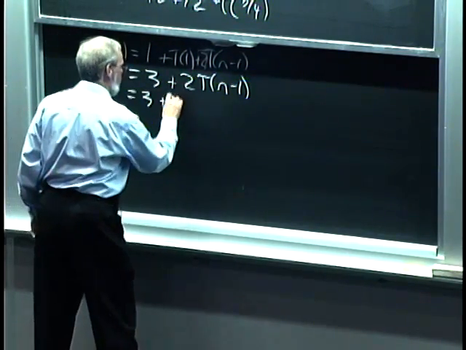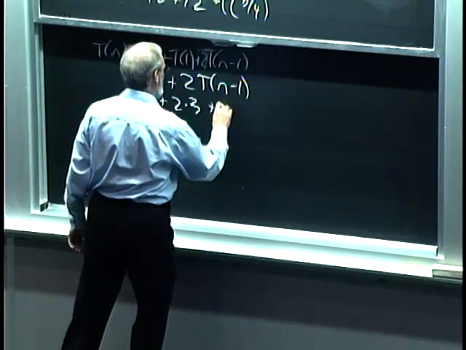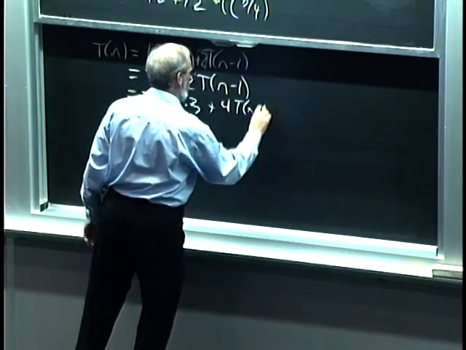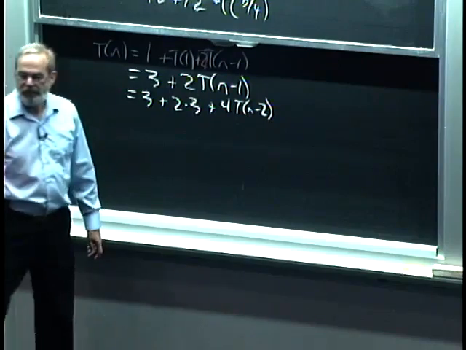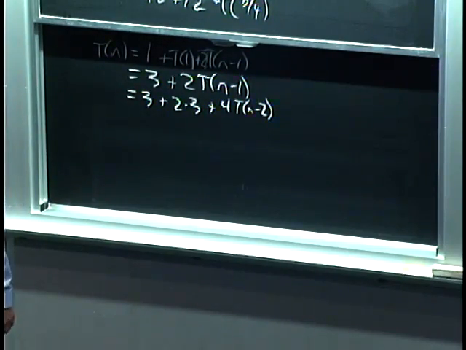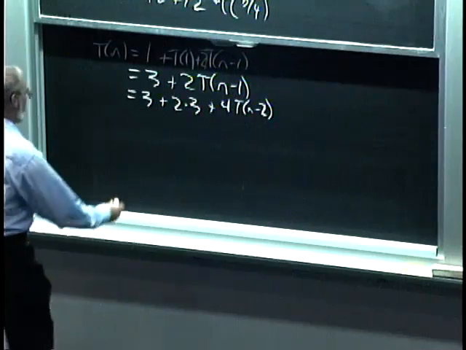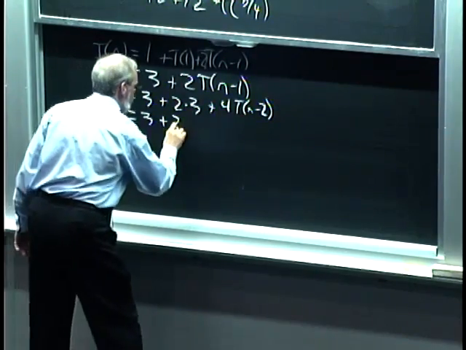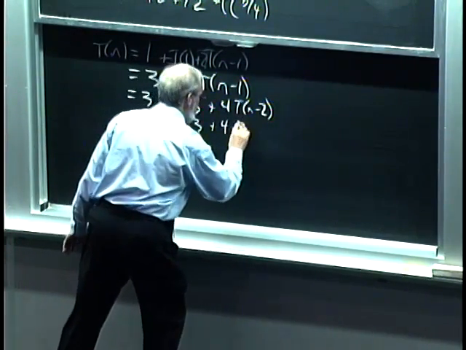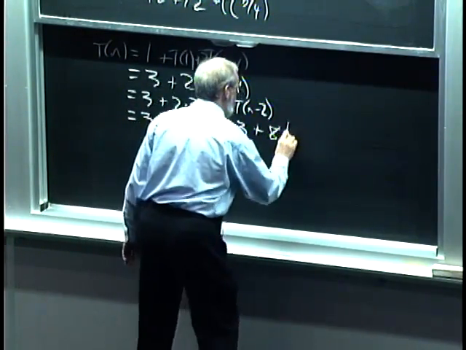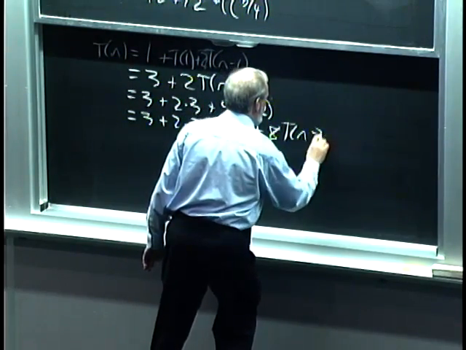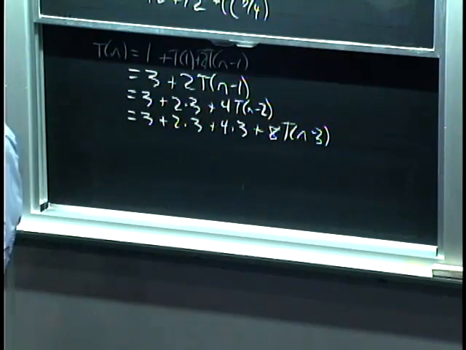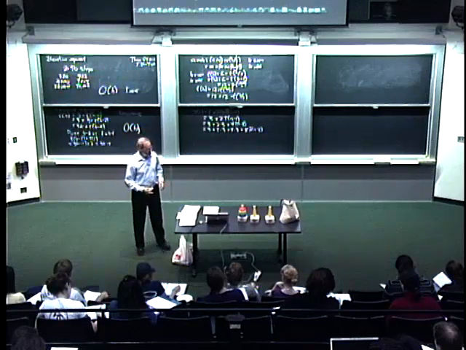So this is 3 plus 2 times 3 plus 4T of n minus 2. And if I substitute it again, I get 3 plus 2 times 3 plus 4 times 3 plus 8T of n minus 3. And this is going by a little fast. I'm just substituting in. I'm going to skip some steps.